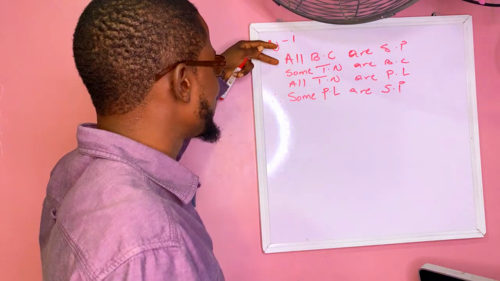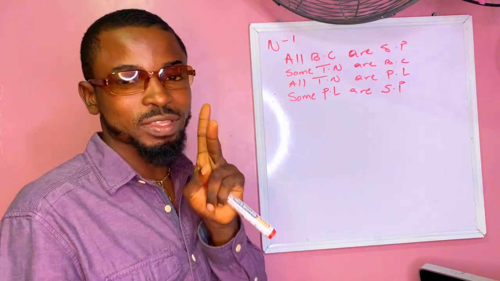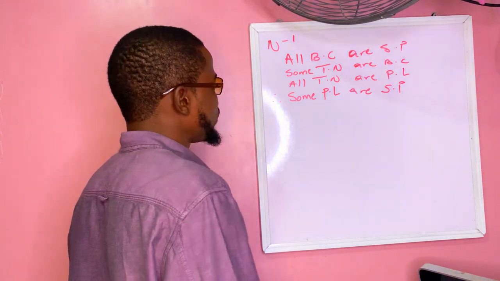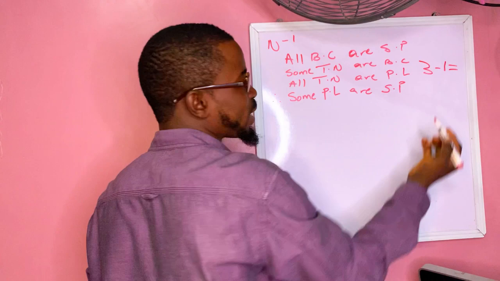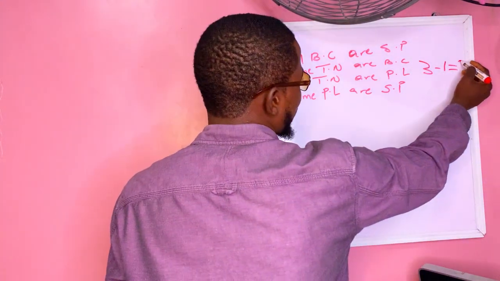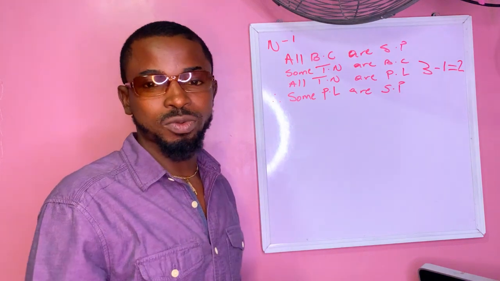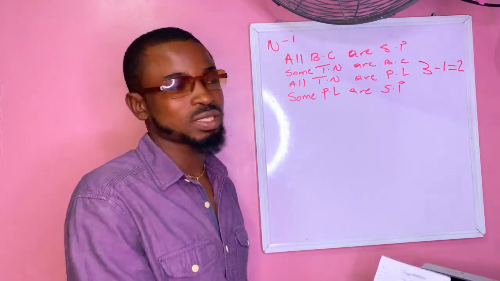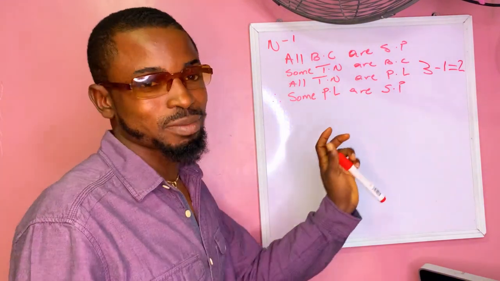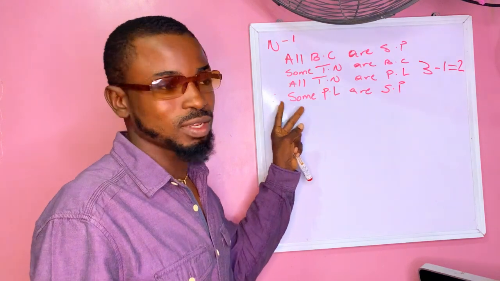So how many premises do we have in this argument? Now we have 1, 2, 3. That means we have three different premises. And if the formula is n minus 1, that means 3 minus 1, which gives us 2. That means after resolving this particular SORITES, we are going to be having two different syllogisms. That is, we are going to be drawing two different Venn diagrams separately. So that means we are going to be having two different arguments in this particular SORITES.